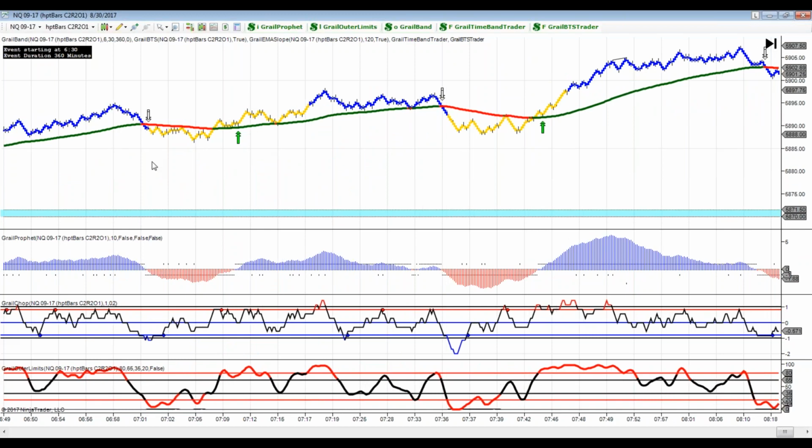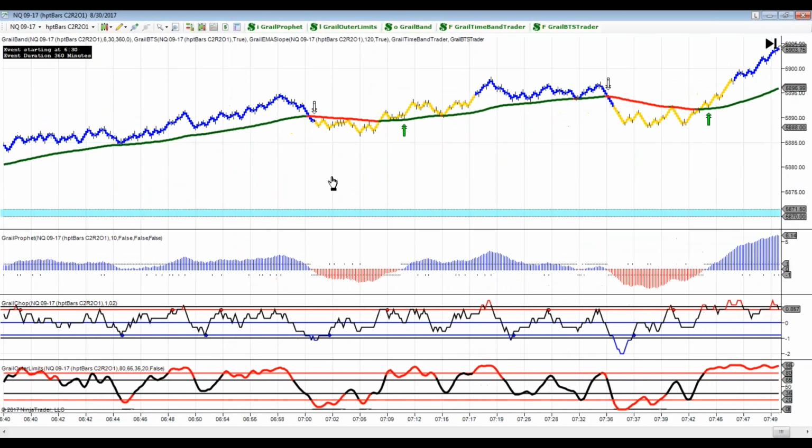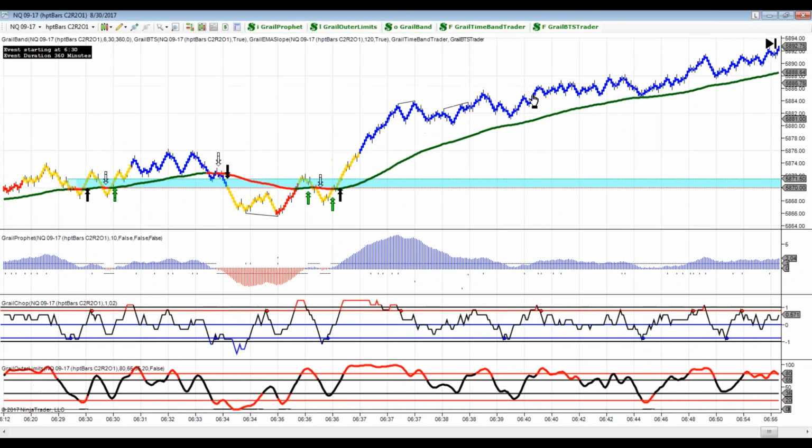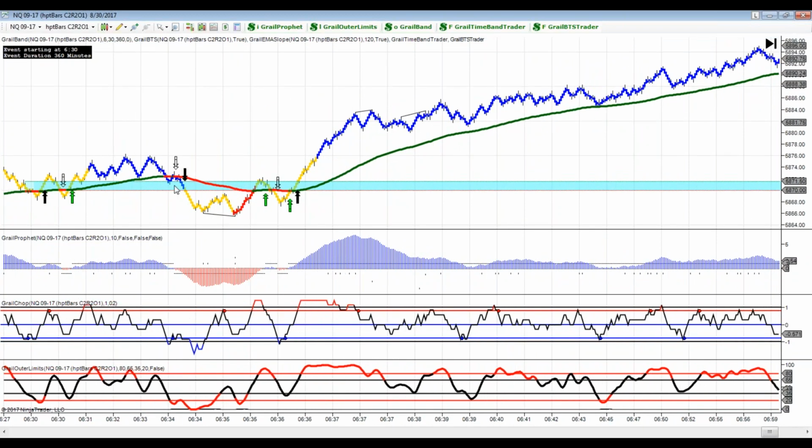All right, so we go all the way back. This was a Grail time band, time band, time band. These were the Grail ones on the BTS.